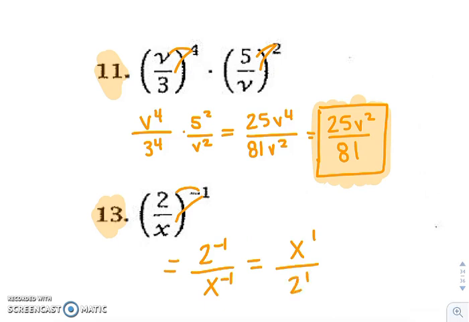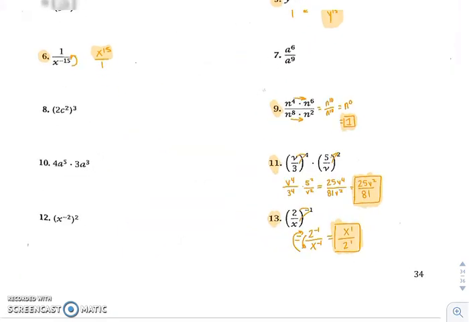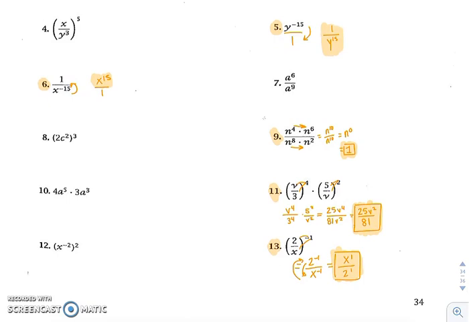Again, you don't really need that power of 1, but it can't be a negative power of 1. So they did both need switched. We'll leave the exponent there.